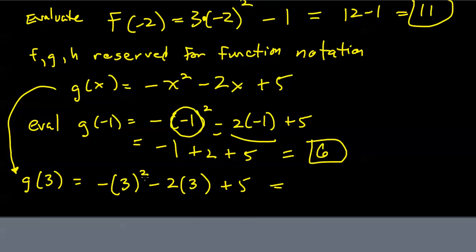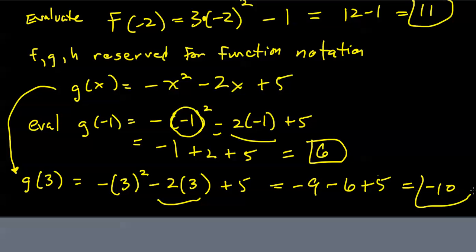Alright, 3 squared is 9, and negative 9 is negative 9. Minus 2 times 3 is negative 6. And plus 5 on the end. No x in that 5 term. So we'll get minus 15 plus 5, which of course is negative 10.